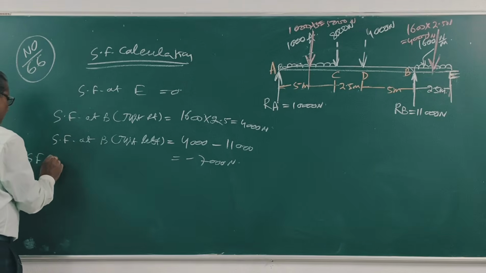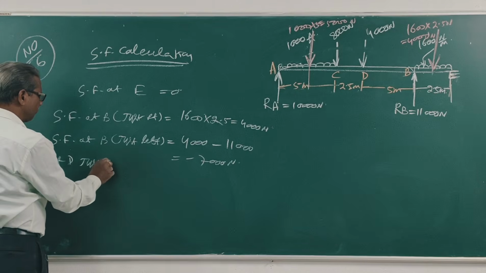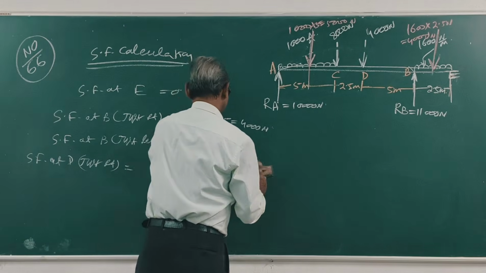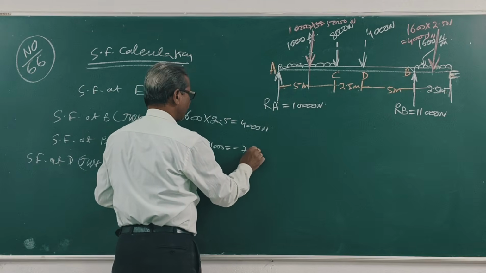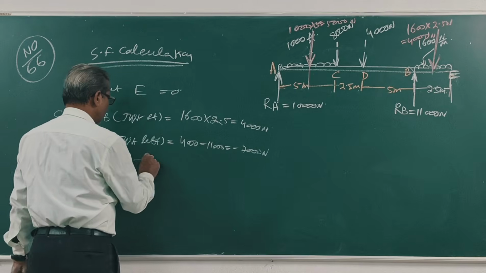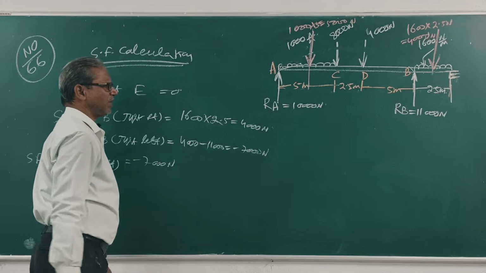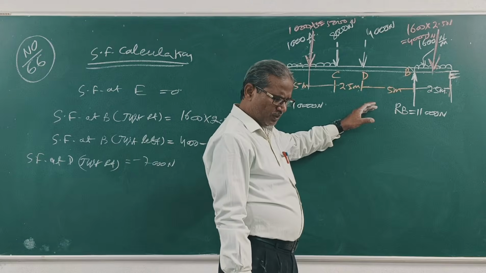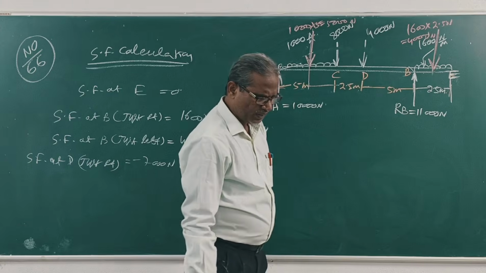Shear force at D just right is minus 7,000 Newton, because between D right and B left there is no load. So D left is the same as D right.